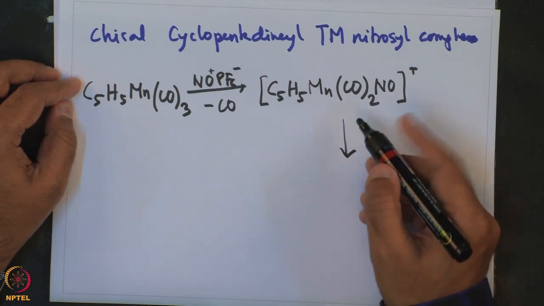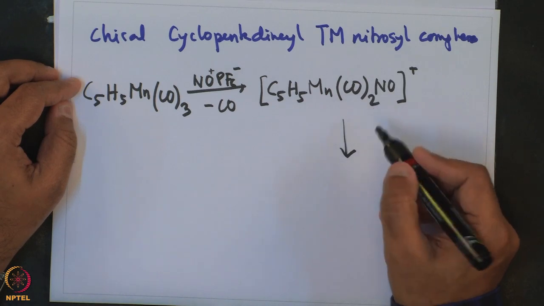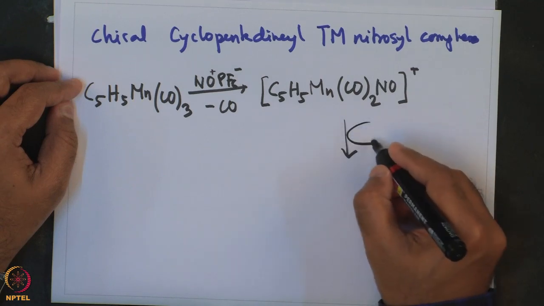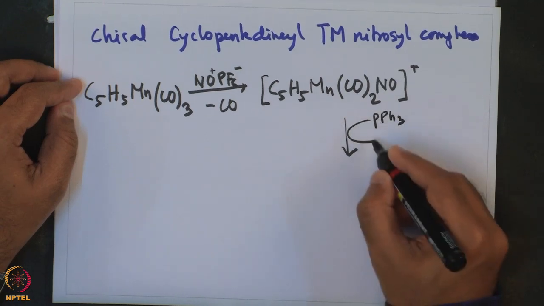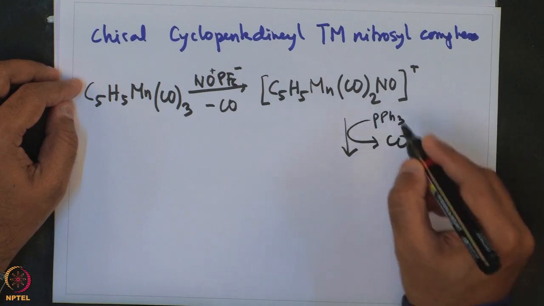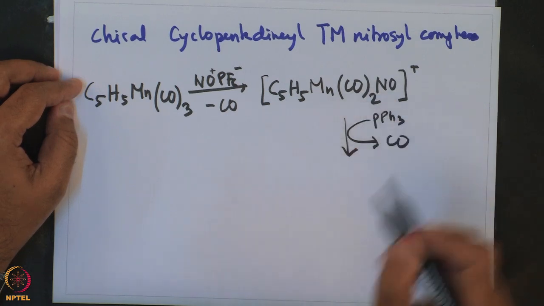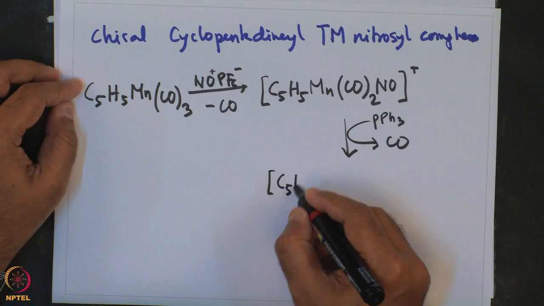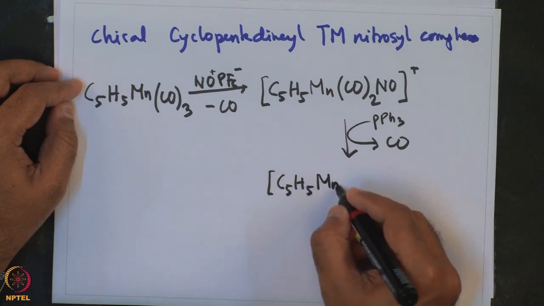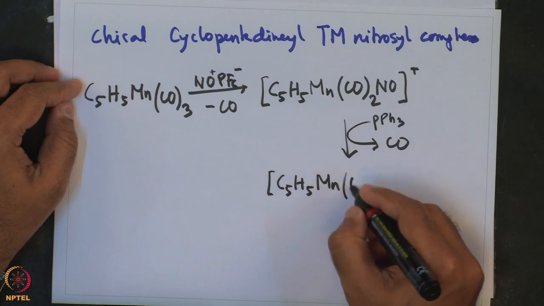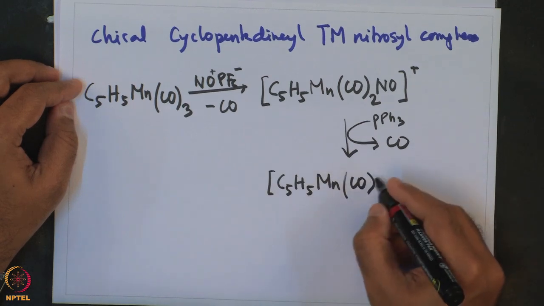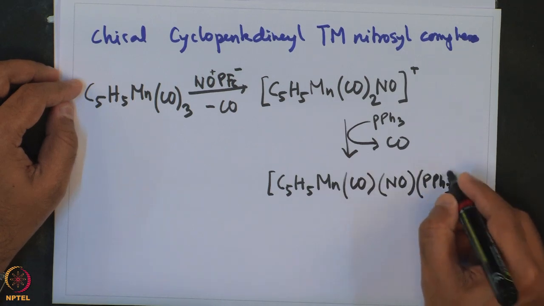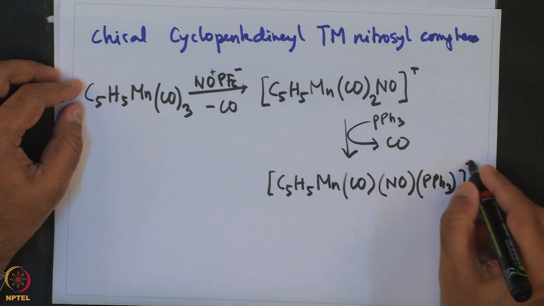So, one then needs to further replace one of the COs with another ligand, and the reaction is done with phosphine, with the elimination of another CO. So, in this case the phosphine replaces CO to give C5H5Mn(CO)(NO)(PH3)+ compound.